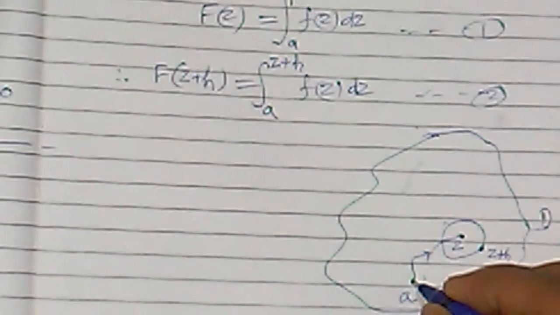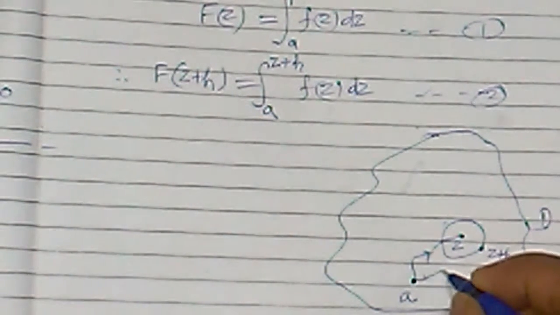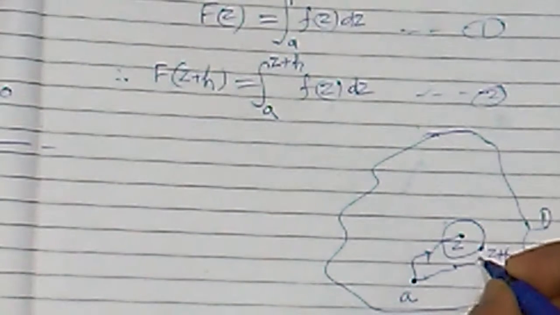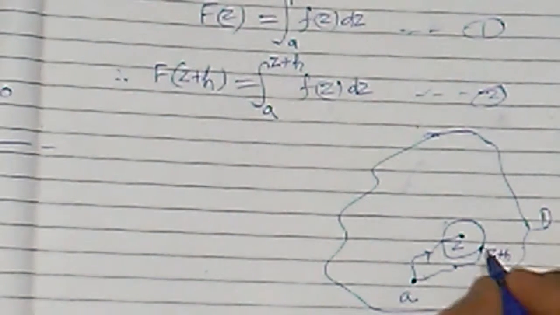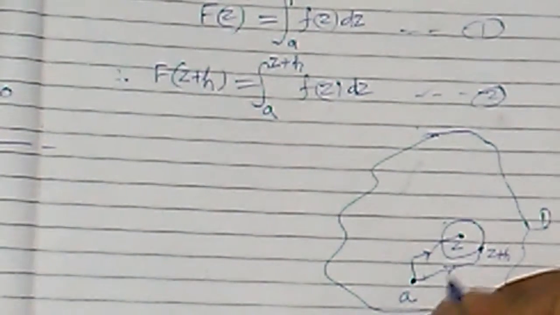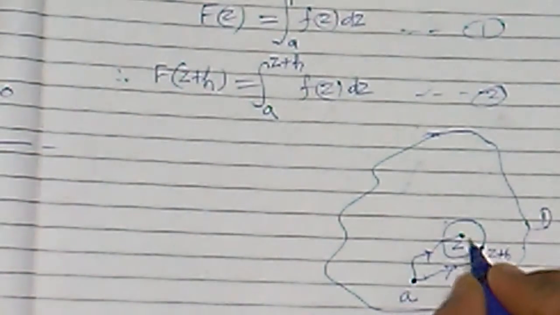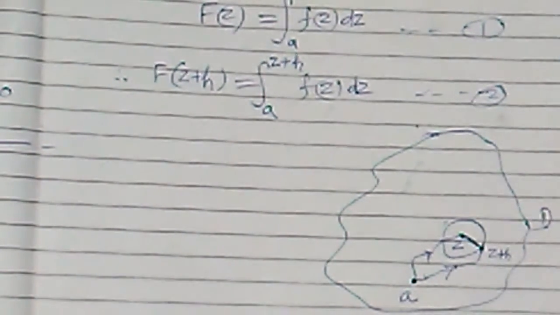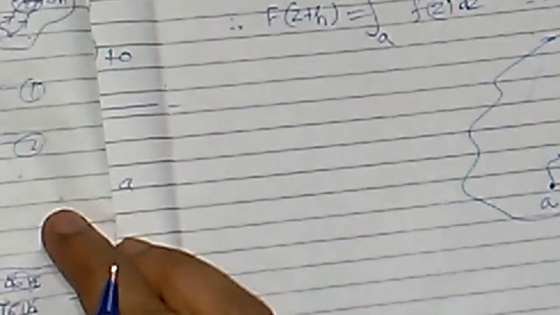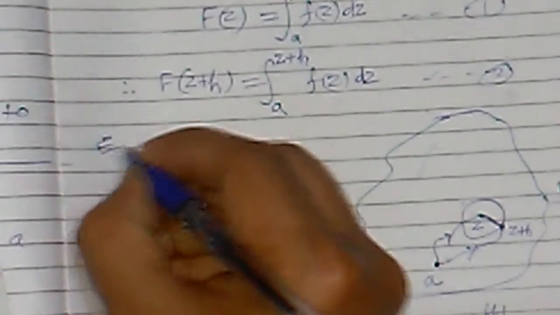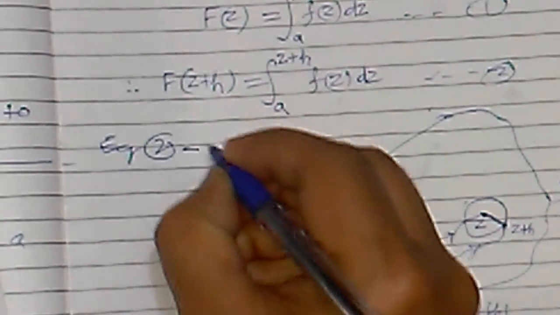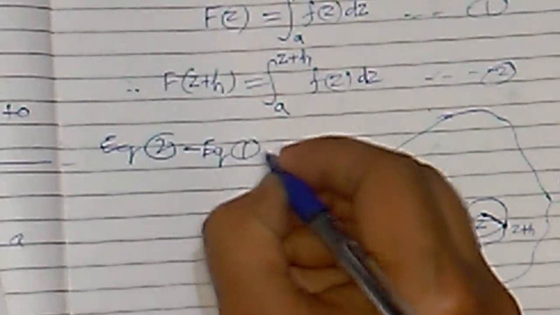Also, in the same manner we join a to z plus h, and z to z plus h by a straight line. Now we subtract equation 1 from equation 2.